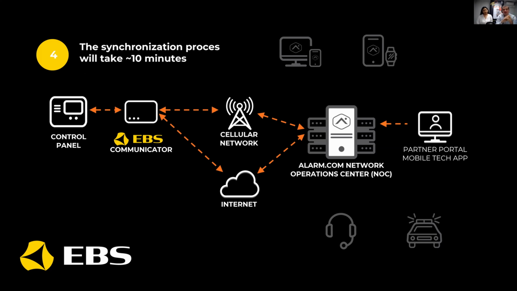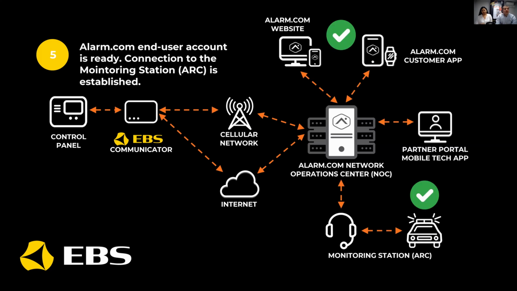The EBS communicator is connected to the alarm.com NOC, Network Operations Center, and after a while it starts sending events straight from the control panel to the monitoring station software.